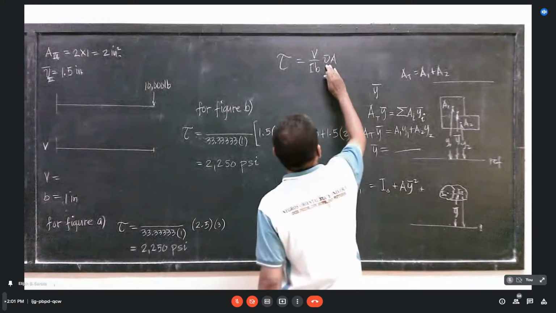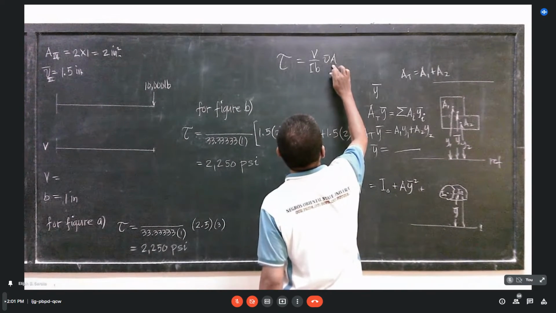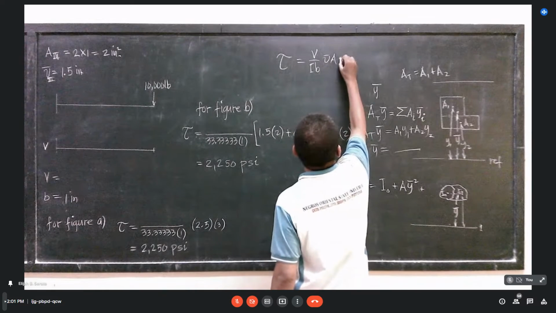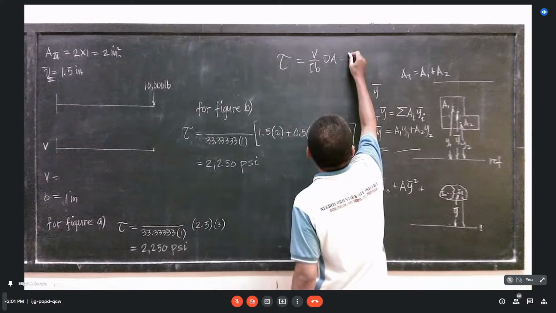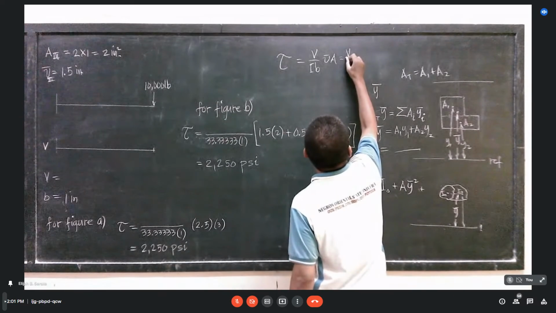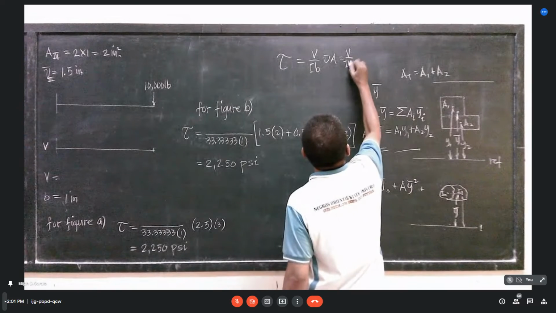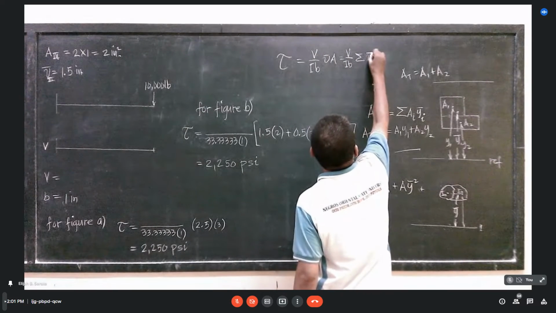If it is only a single regular shape, it is just one y bar or one A. However, if it is made of a composite figure, meaning made up of many areas, then it is different. I B, meaning this value here, is the same, but we sum y bar A.